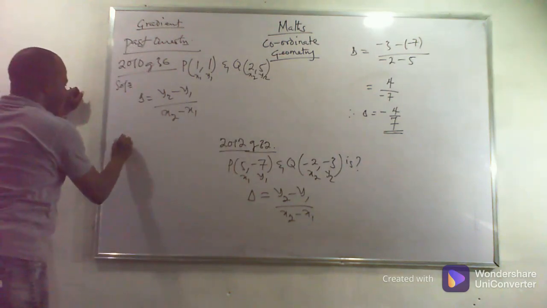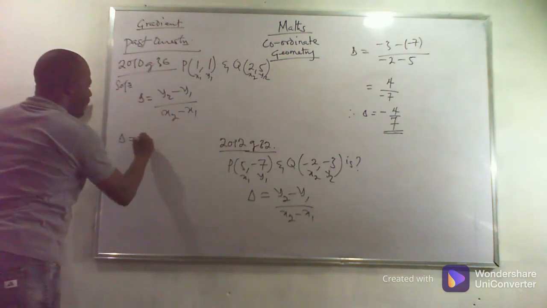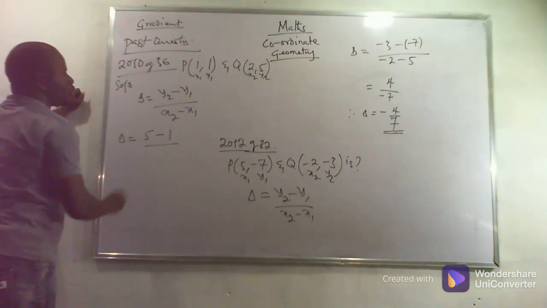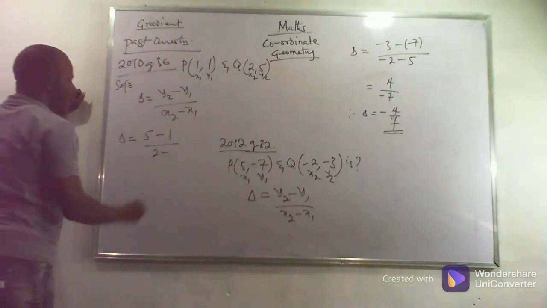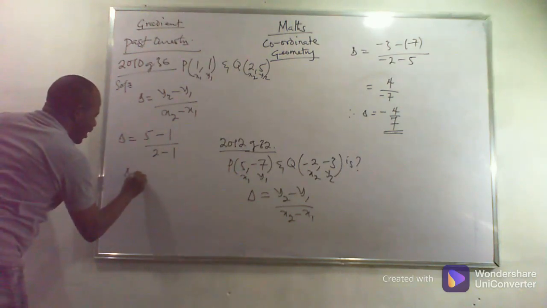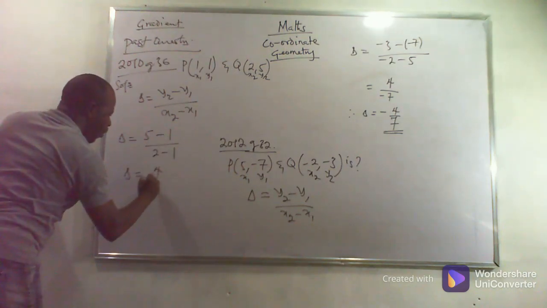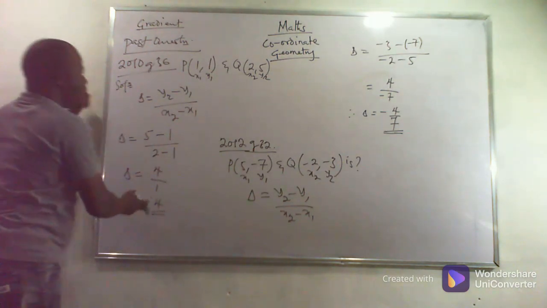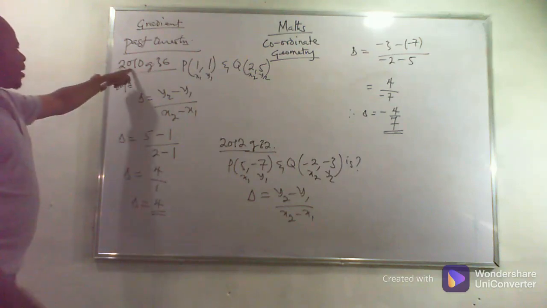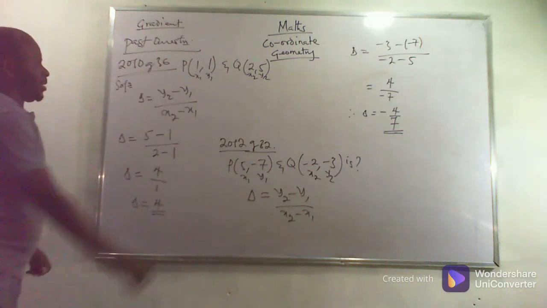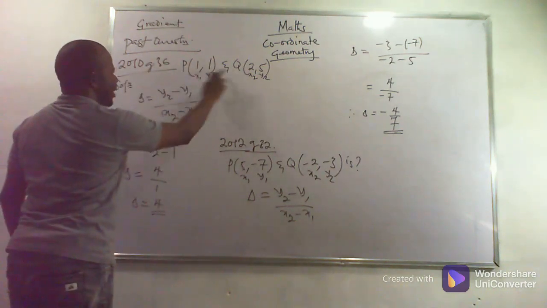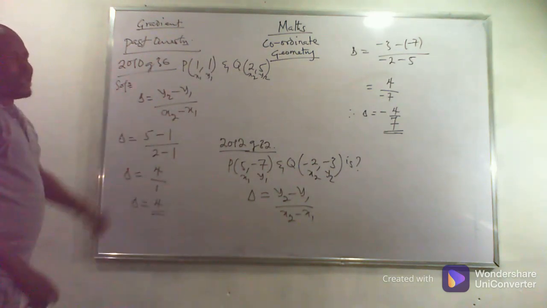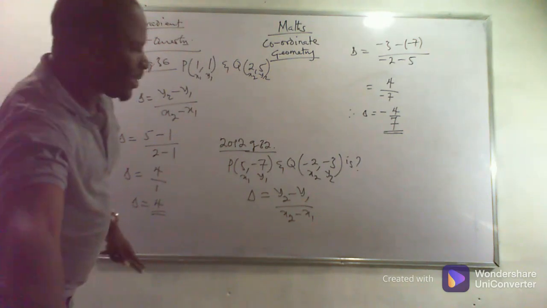Gradient would be y2, 5, minus y1, 1, over x2, 2, minus x1, 1. So we have 4 over 1. So gradient is 4. Bonus for this year, 2010, number 36. That is the solution.